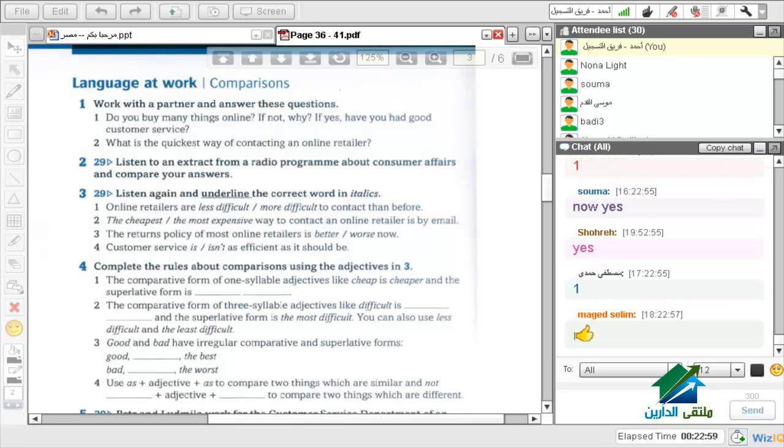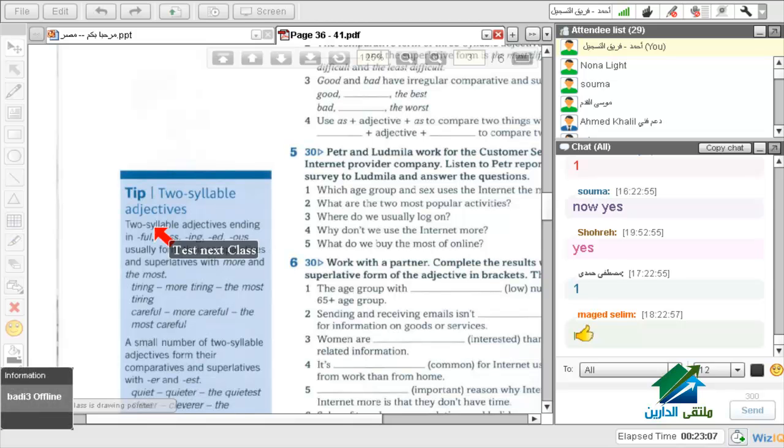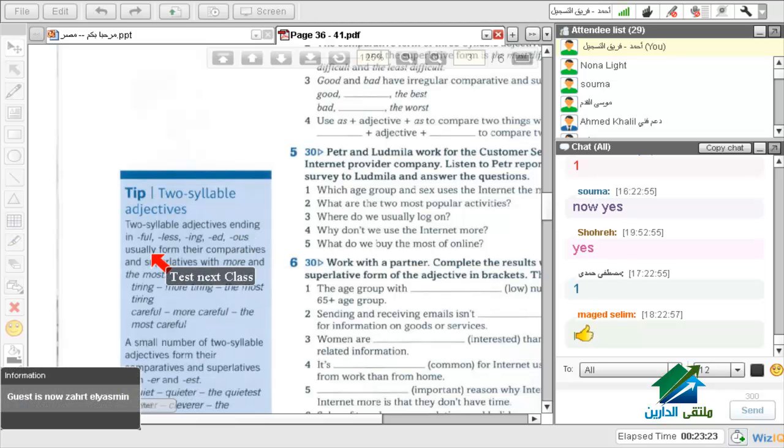Okay, well, let's go for the tab here before we practice. Attention, please. Talking about adjectives. Two-syllable adjectives ending in ful, less, ing, ed, ous, usually form their comparatives and superlatives with more and most.